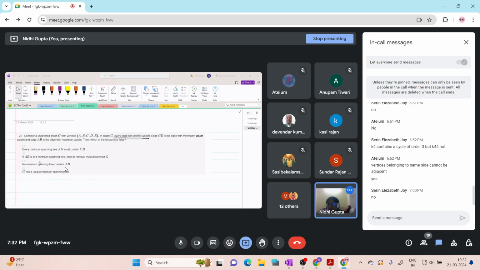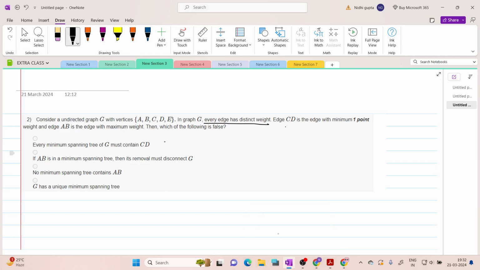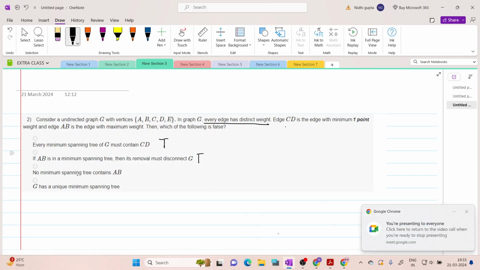Then the third statement is: no spanning tree contains AB. True or false? It is false. AB is the maximum, so no minimum spanning tree contains AB.